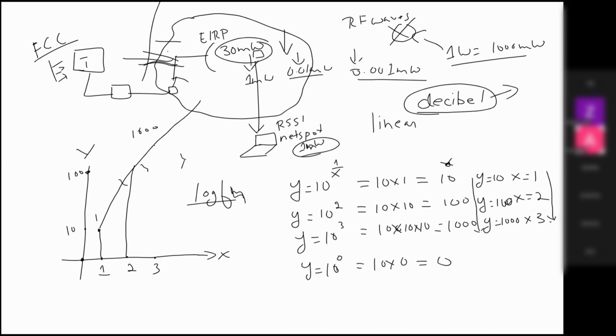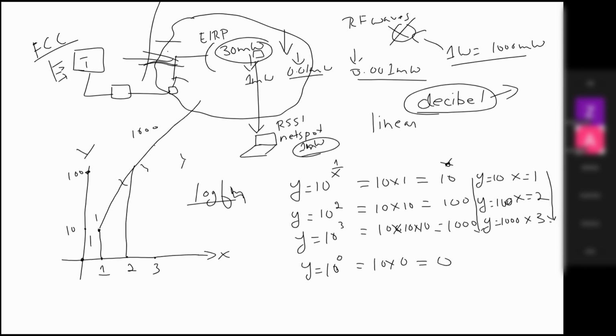To help you understand that, I have given an equation here: if I change the x value, the y value changes exponentially, going from 10, 100, 1000 and maybe more. Now, instead of representing these values like this, how can I represent them in smaller values or in a more linear fashion? That is what we are going to understand in the next section.